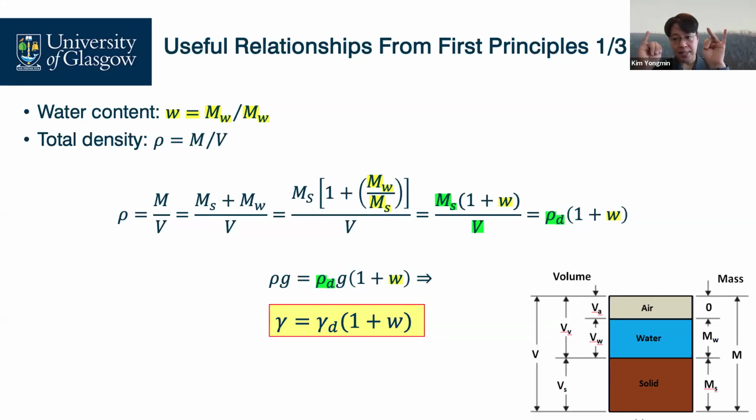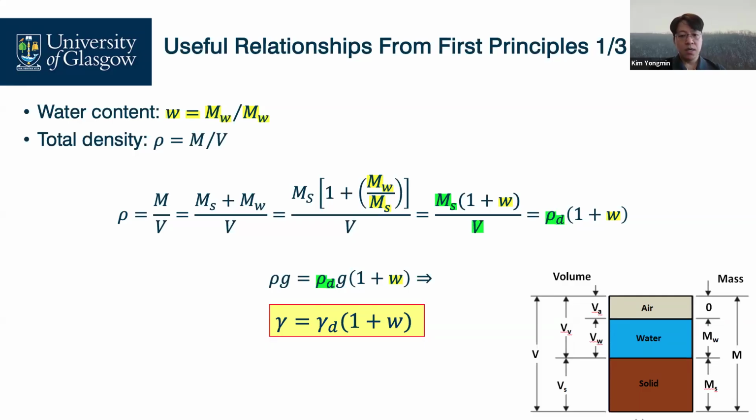And density. Density is mass over volume: dry, saturated, and partially saturated. So, based on these fundamental definitions, there are many types of relationships among the basic definitions.